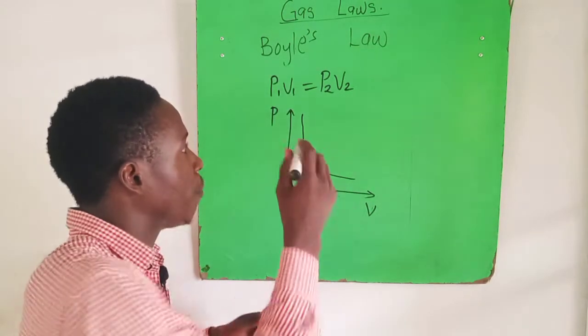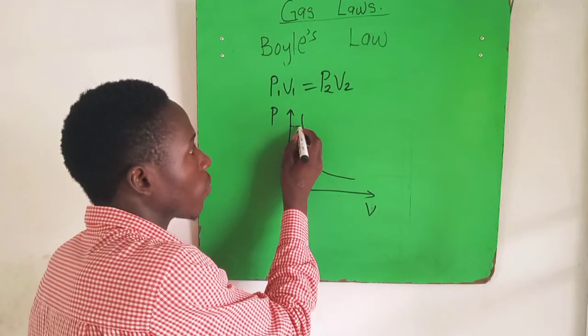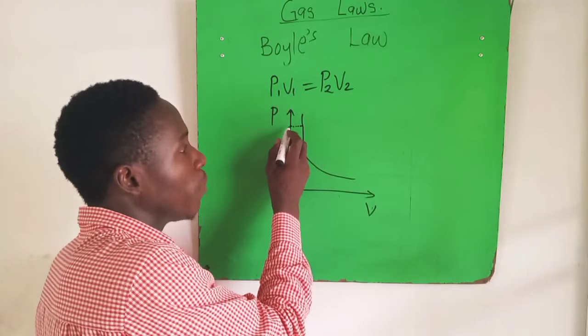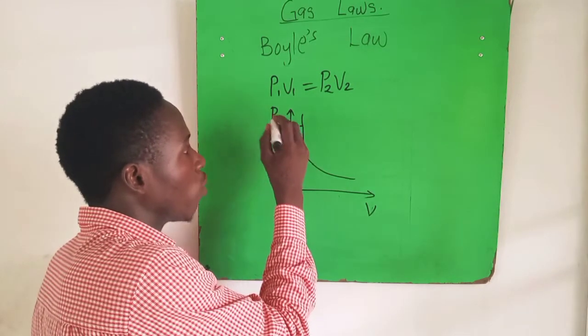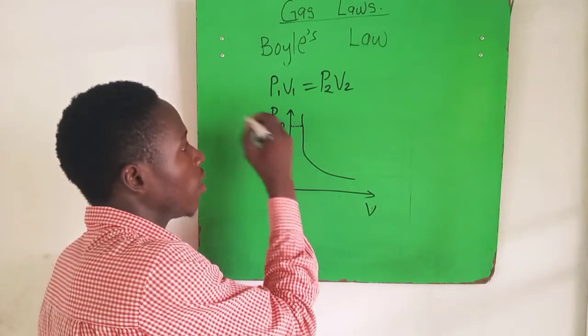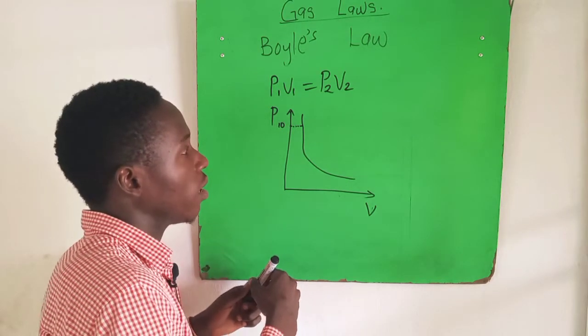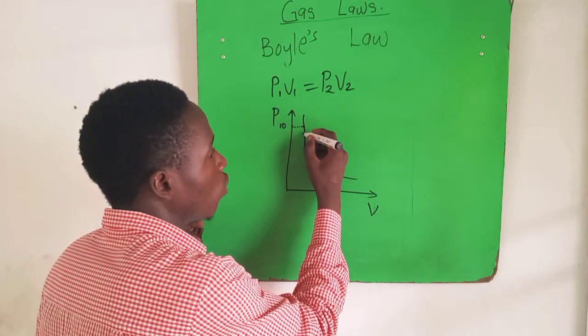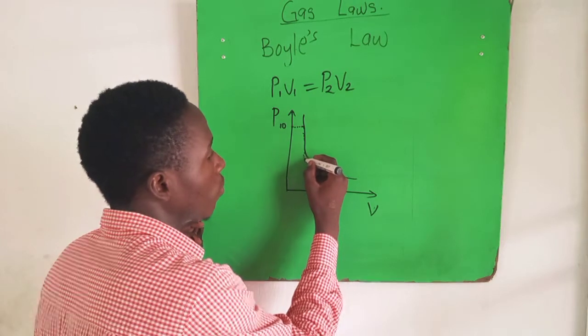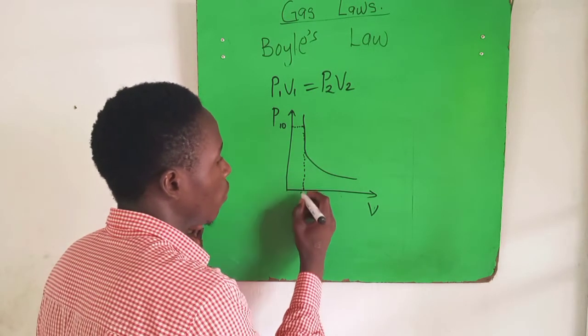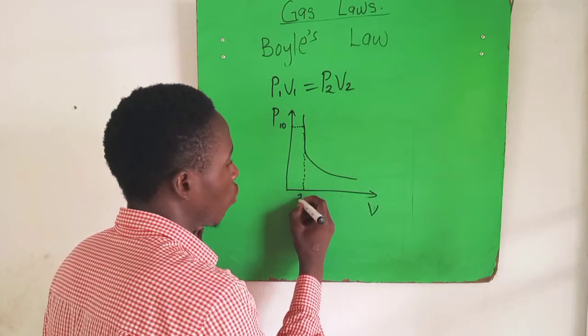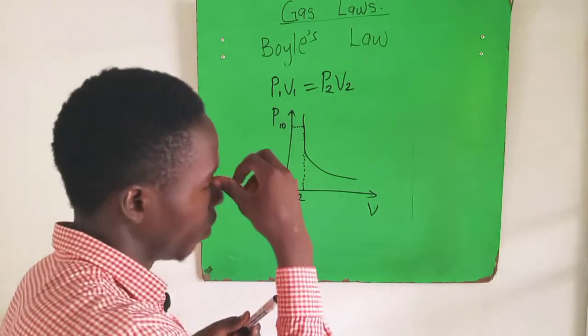Now let's say we have a pressure at this point. Let's call this pressure, let's say 10 Pascal, right? And if we trace downwards, we have a volume of, let's say, 2 meters cube.